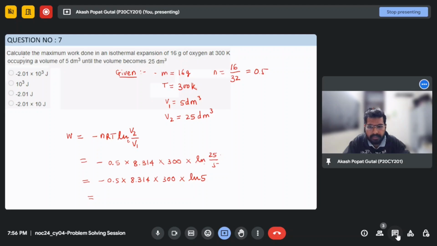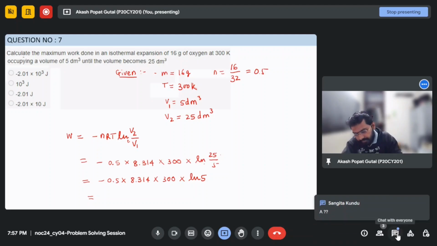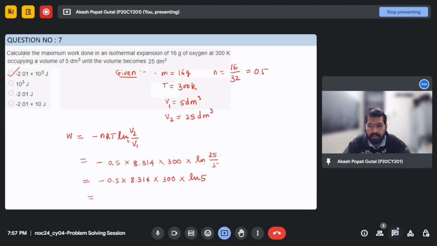Is it clear? If I have used log with base 10, then I need to include 2.303. Yeah, right answer, A. And the sign, you must check the sign when you calculate the work.